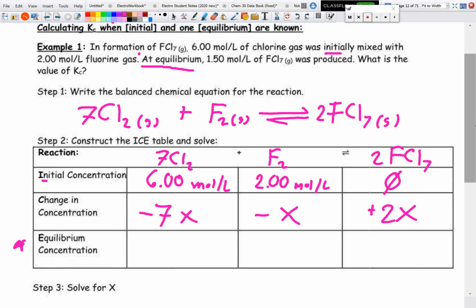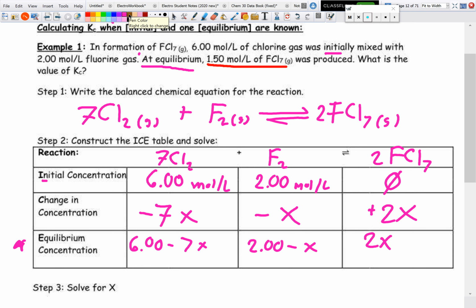So at equilibrium, our chlorine, we're going to have an expression of 6.00 minus 7x. Our fluorine, we're going to have 2.00 minus x. And our fluorine heptachloride, we're going to have 0 plus 2x, or just 2x. Now, from our question, we'll notice it says at equilibrium, 1.5 moles per liter of fluorine heptachloride was produced.